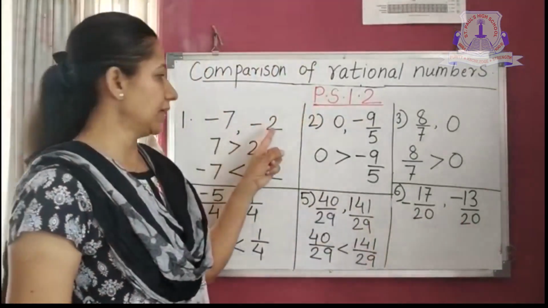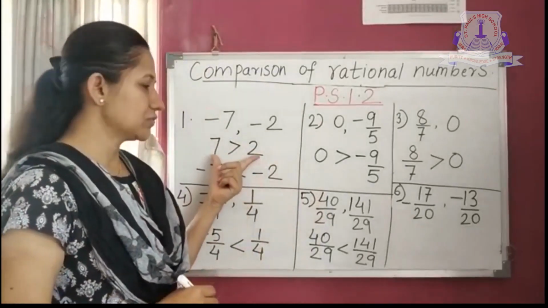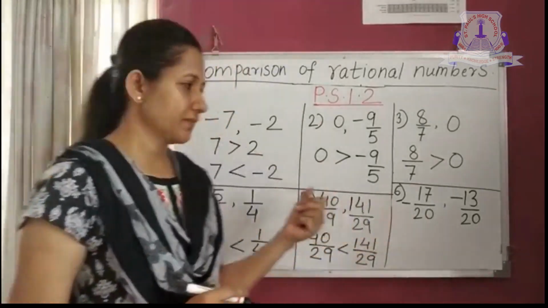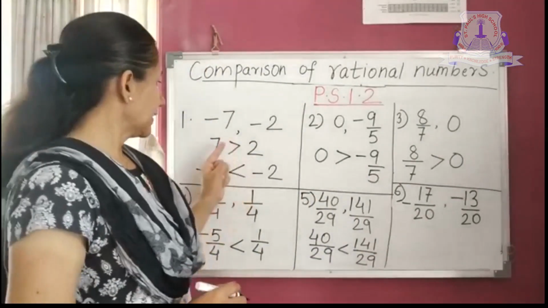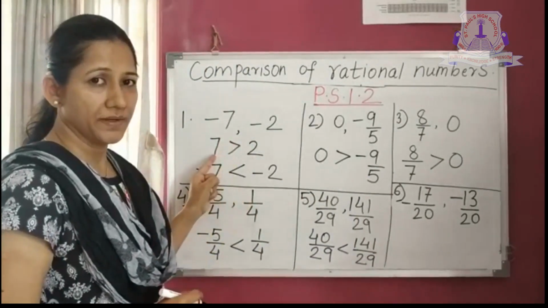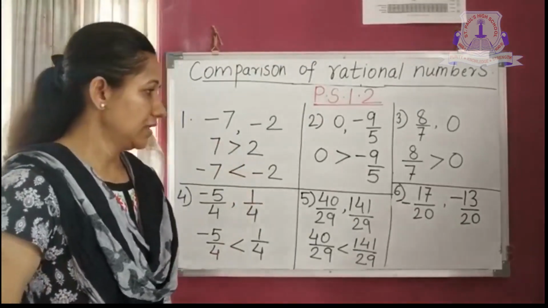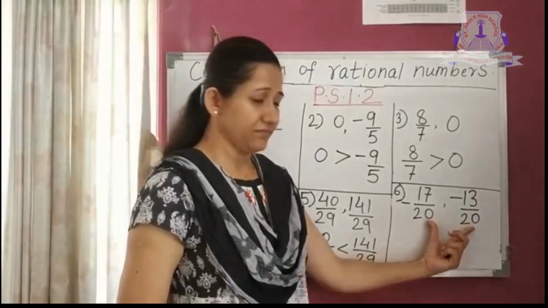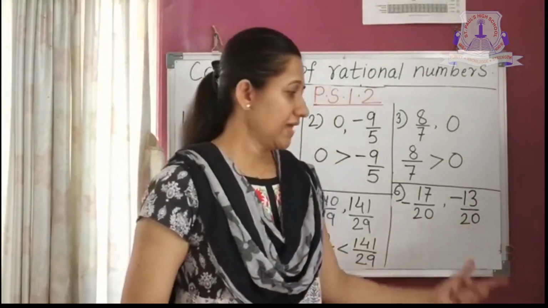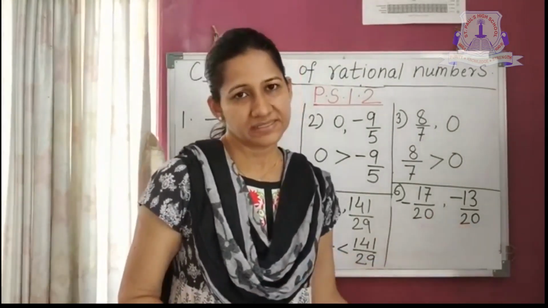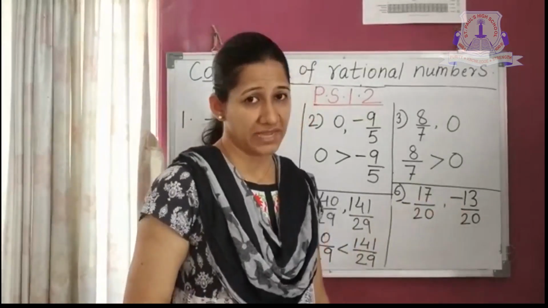Initially, when I started with the two numbers minus 7 and minus 2, I mentioned that first we have to convert them into positive, and the one with the greater positive number will be lesser for the negative. Clear? Now, first we see whether the denominators are equal. As you can see, denominators are already equal, so on the basis of numerators we can compare these fractions.